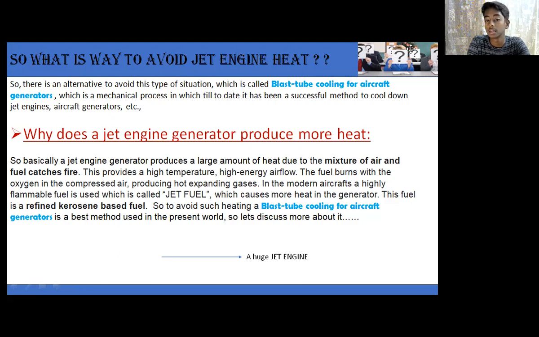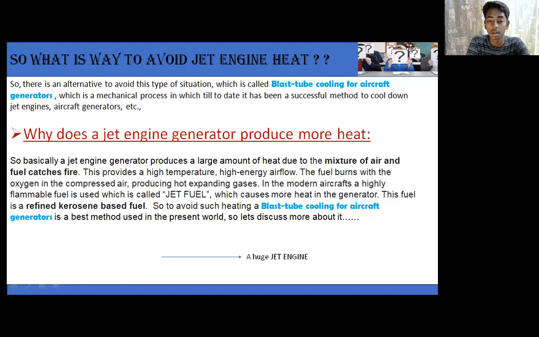So why does a jet engine generator produce so much heat? A jet engine generator produces a large amount of heat because the mixture of air and fuel catches fire. The fuel is not an ordinary fuel; we'll discuss it later.